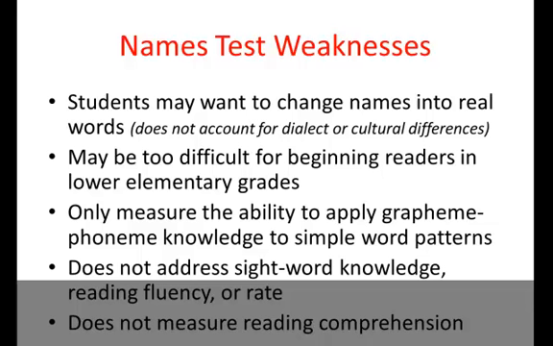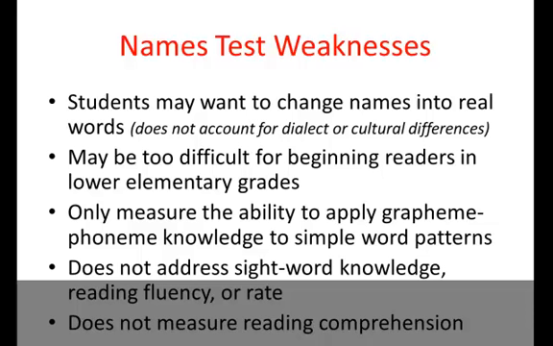However, the current augmented names test is too difficult for younger readers. And clearly, it does not address sight word knowledge. These are decodable words, they're not irregular words, so it's only looking at the ability to apply graphophonemic knowledge to simple word patterns. It also does not measure reading fluency or rate, and it does not measure reading comprehension.